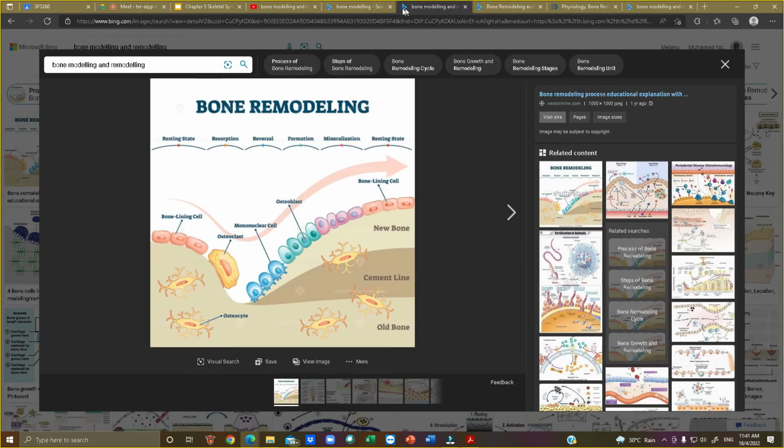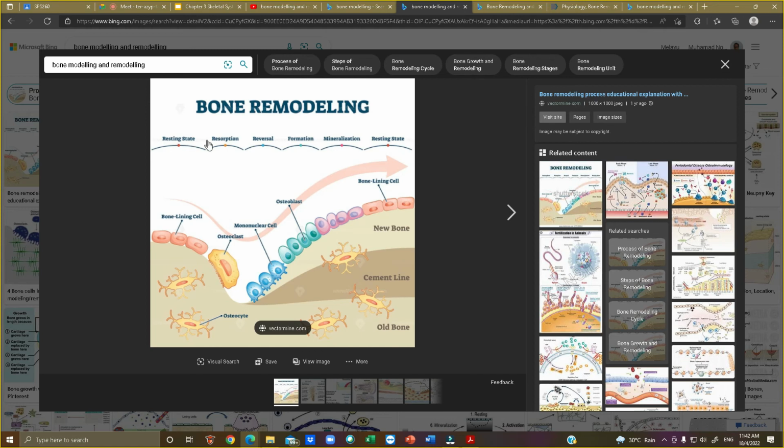Okay, satu contoh tadi ada satu gambar saya tunjuk. Ni contoh remodeling. Okay, this is remodeling where we can see that osteoclast start to dissolve all those bone lining cell, meaning that at the surface of the cell we had bone lining, we had calcium phosphate. All of that will be dissolved by osteoclast by the process of resorption.